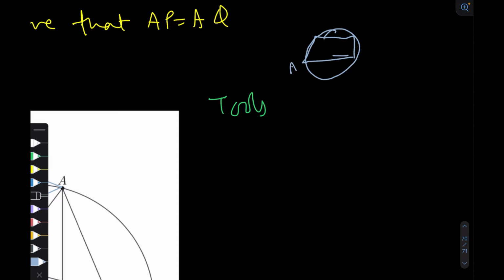For example, if ABCD is a cyclic quadrilateral, then the angle ABD and the angle ACD are equal, and also the angle ABC plus the angle ADC is 180. So that's what we can start with.